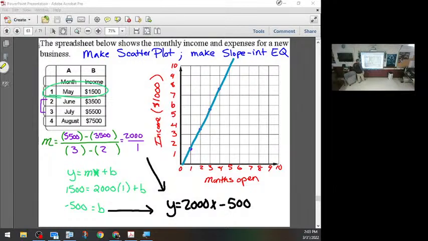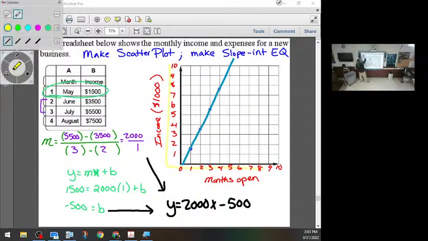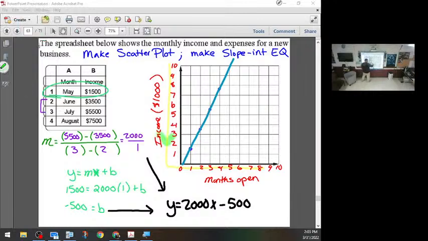Did you have your axes labeled, and are they reasonable? Your x-axis should not have gone by tens. It doesn't make sense. Okay?